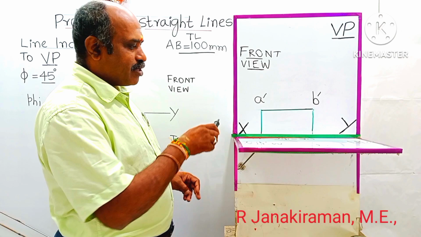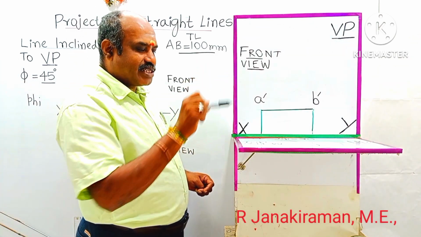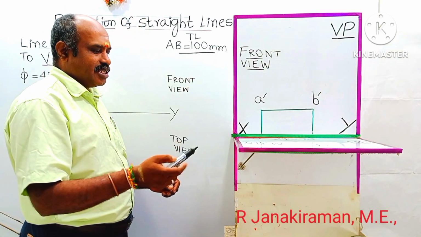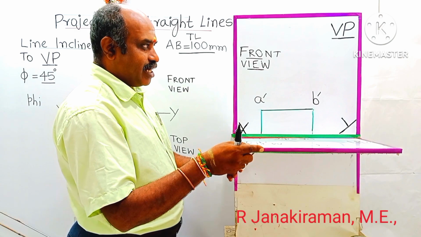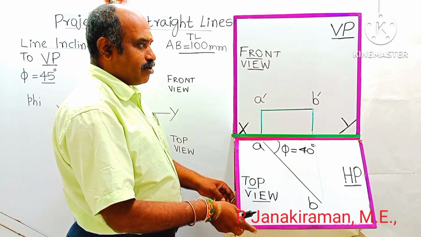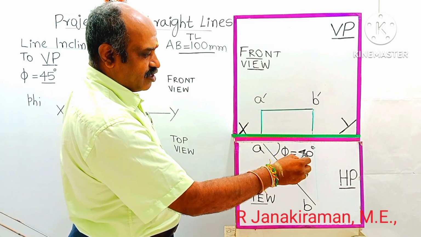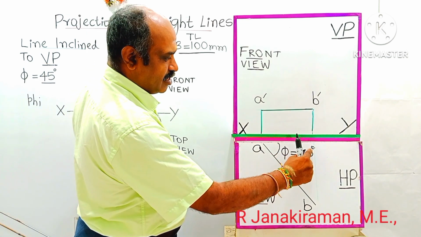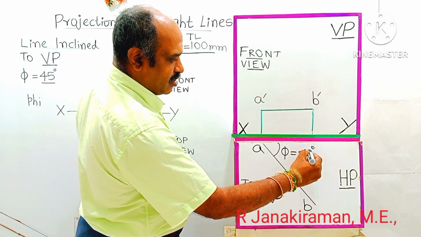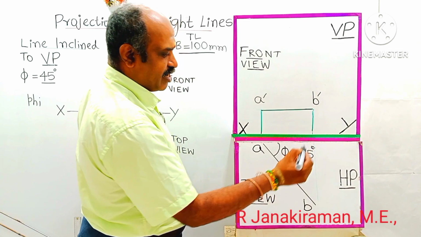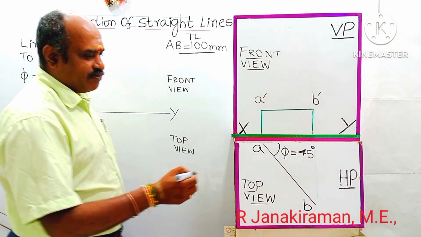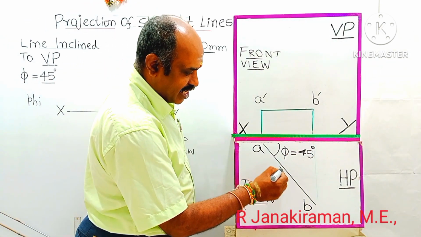After projecting, the HP alone is rotated clockwise 90 degrees. This is the direction of clockwise. So HP comes below the XY line, or below the VP. This is the angle of inclination called phi, inclined at 45 degrees to VP. So we have to draw the top view first. The top view will have the true length, given as 100 mm.